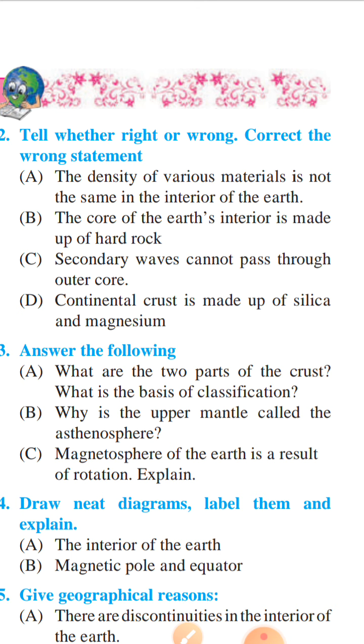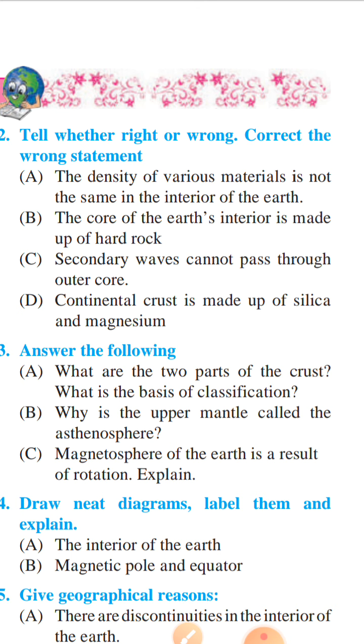Yes, very good, silica and aluminium. Continental crust is made up of silica and aluminium. This is the correct statement. So for the fourth, you should first write wrong and then write its correct statement: continental crust is made up of silica and aluminium.